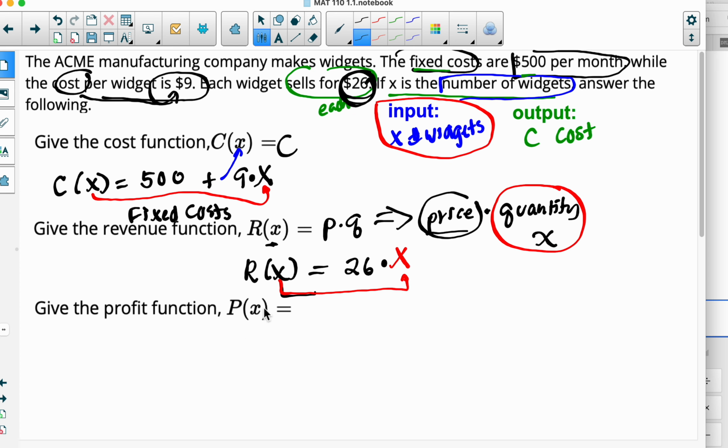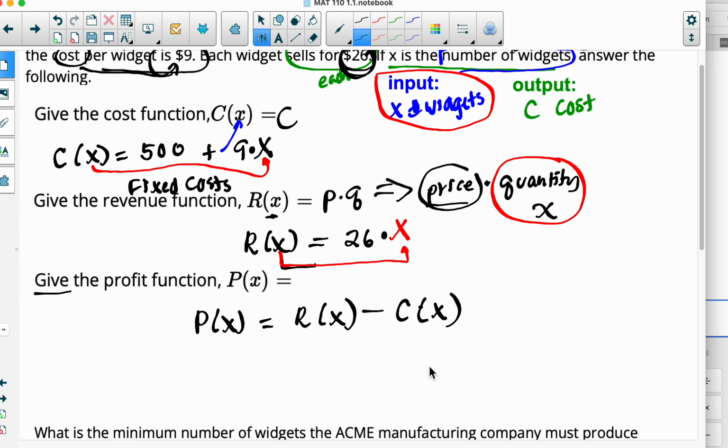So then when it says give the profit function, it wants you to write the function for profit. So we know that profit is equal to revenue, how much money did you take cash in hand, minus how much did it cost you to make those things? So here's my revenue function. I've got 26x. I'm just going to plug in, right?